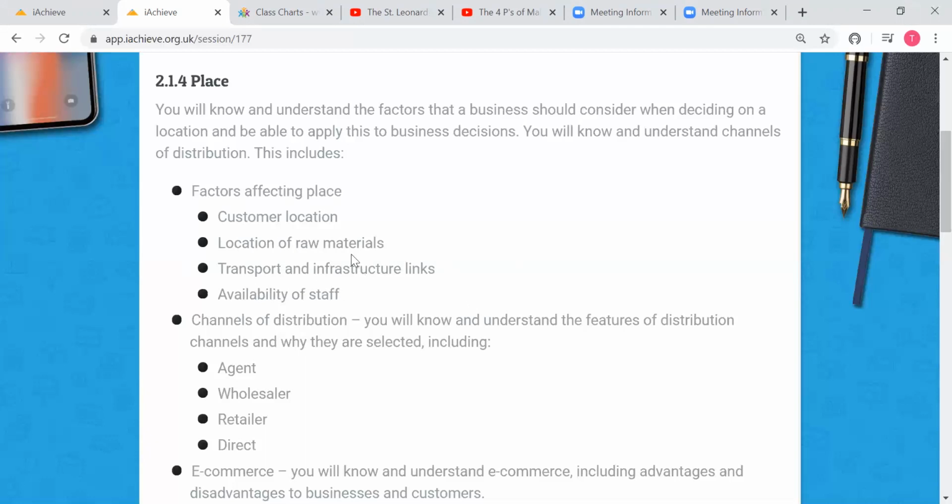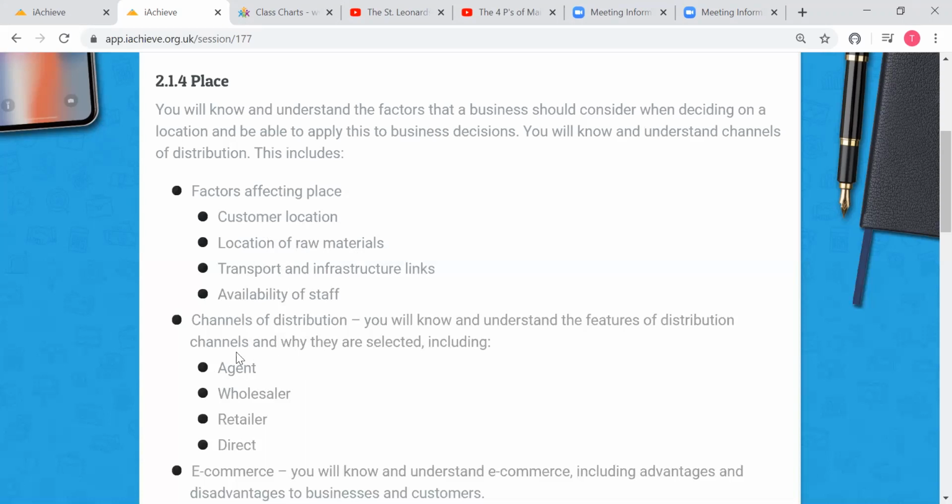Where are you going to be located, and how can you quickly get your product to as many customers as possible? And lastly is availability of staff, where you will find people to literally either produce your good, if it's a tangible product, or deliver your service if it's an intangible product.